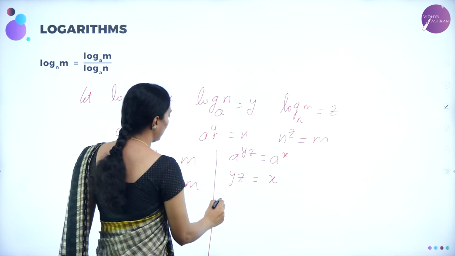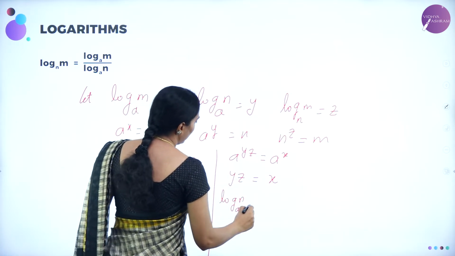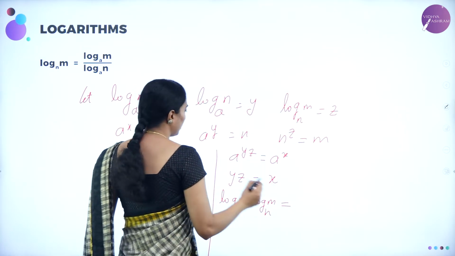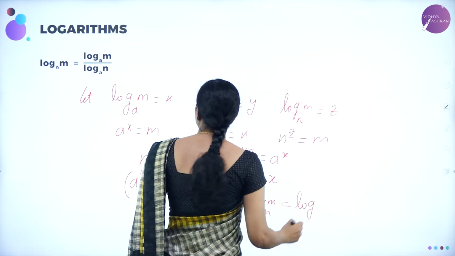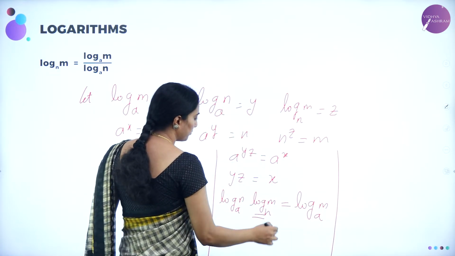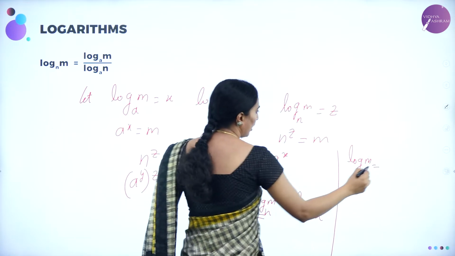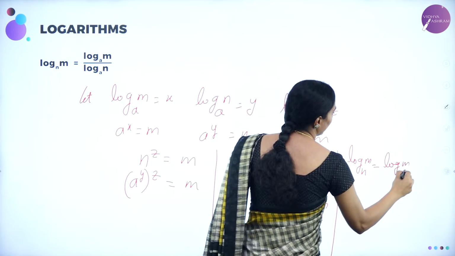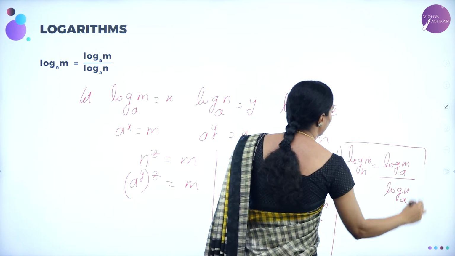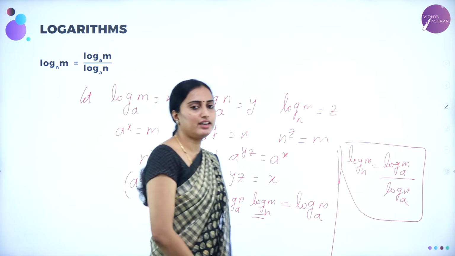Y is nothing but log n to base a, and z is nothing but log m to base n, and x is nothing but log m to base a. So cross multiplying, log m to base n can be written as log m to base a divided by log n to base a. This is your proof, dears. Is that easier? Yes, dears. We'll move on to the next one.